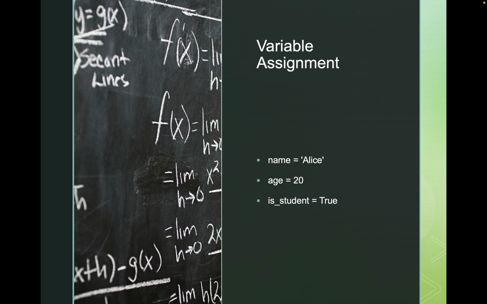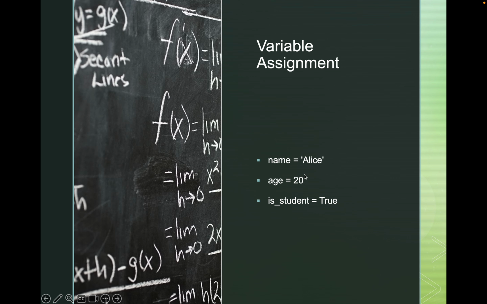In Python, assigning a value to a variable is very simple. You just use the equal sign. You can see name equals Alice, and you put it in single quotes or double quotes. Also age equals 20, and is_student equals True.